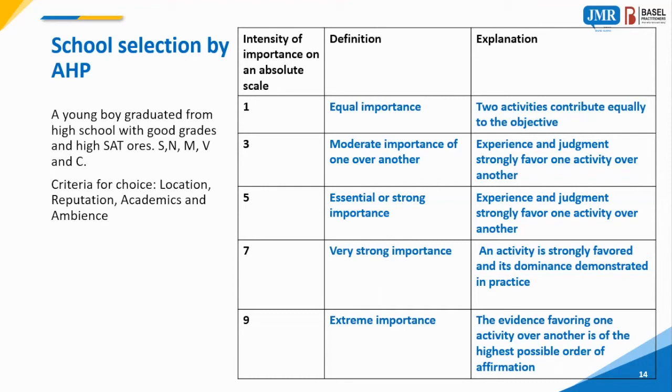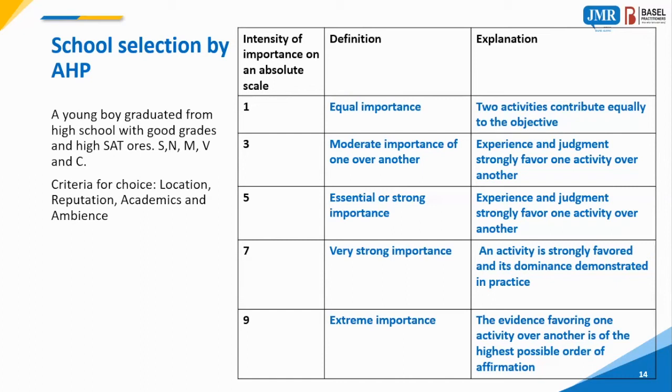So what AHP is basically doing here is, if you give equal importance, that means for these 2 variables I cannot say that this is more important than the other one. If you give moderate importance to one over another, one is given 2 and another is given 1.